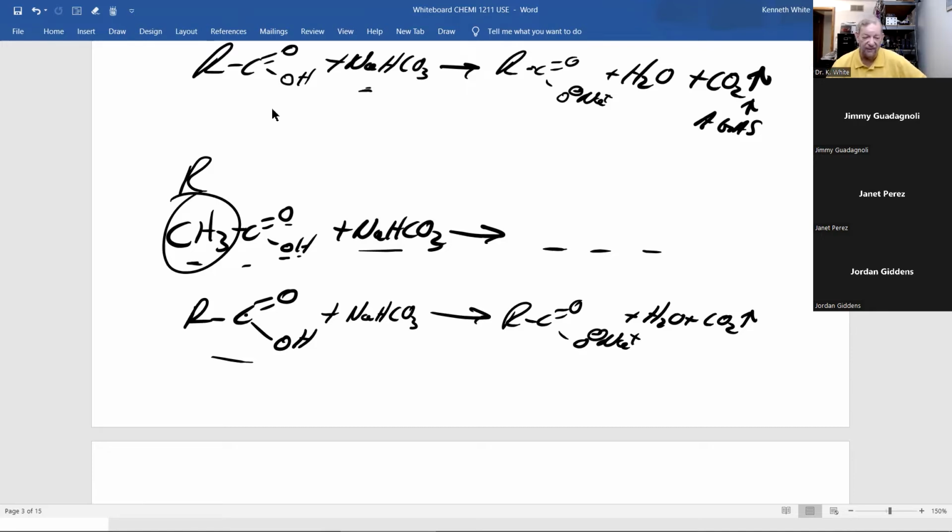So what's our methyl? So I'm going to get this compound. And I'll get water plus CO2 given off as a gas. Now, does anybody see the significance of that reaction?